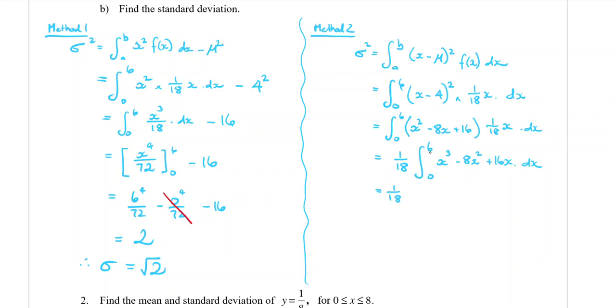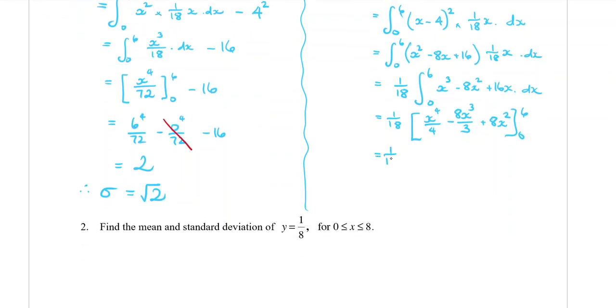Thank you. Okay, integrating. We have x to the power of 4 over 4 minus x to the power of 3 over 3, that's not going to be nice, plus 16x squared over 2 would be 8x squared, between 0 and 6. And now we need to sub in still.